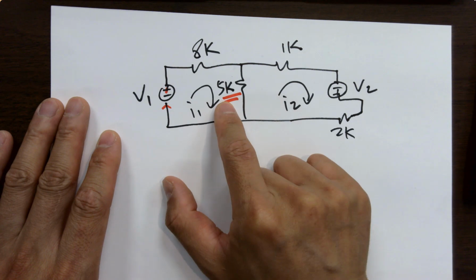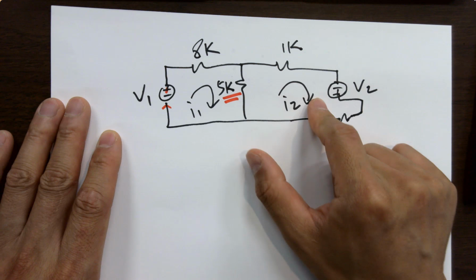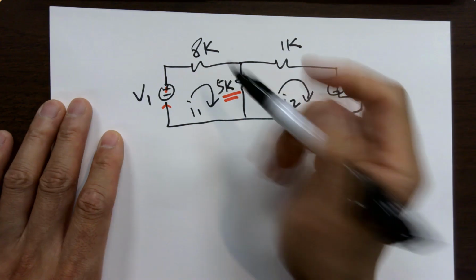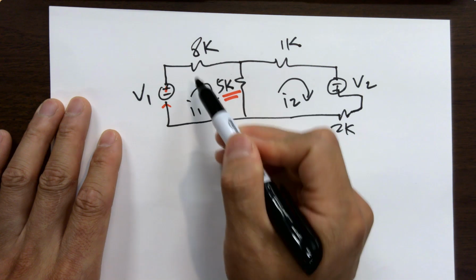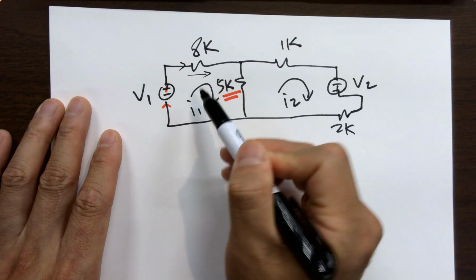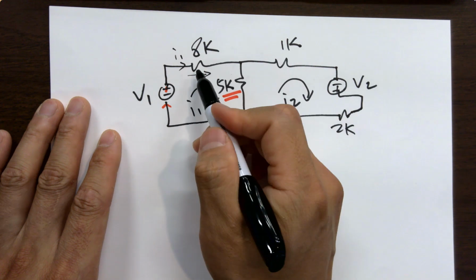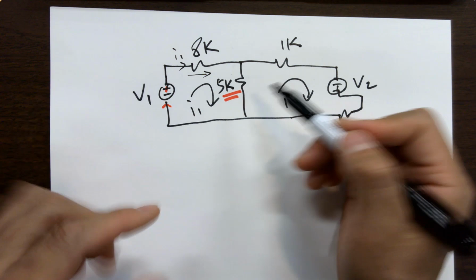So we assume here's a current flowing clockwise, another current flowing clockwise here, and because these components are not being shared by another circuit, this current will be real. This current I1 will be the real physical current that flows through this resistor. However, this one's different because it has two currents, right?